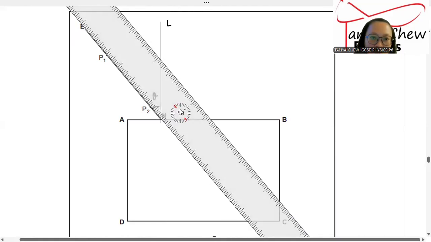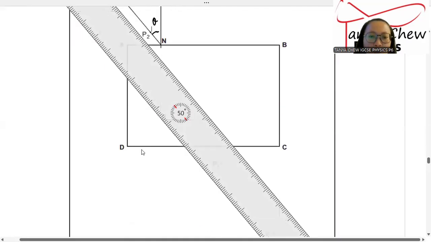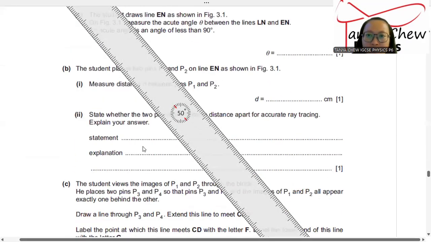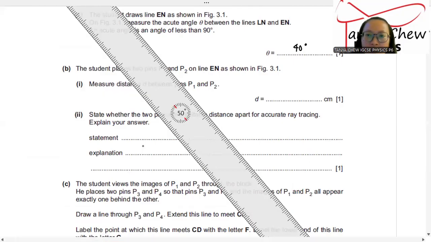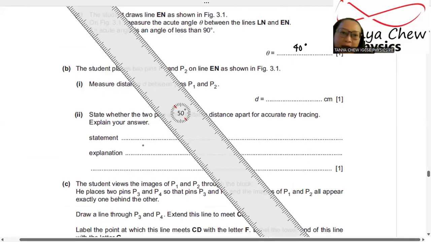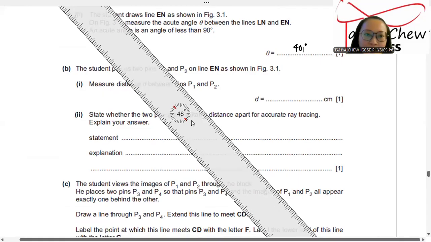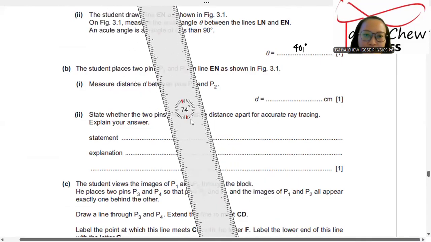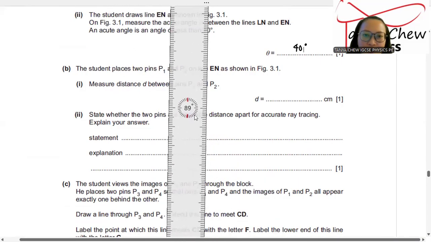You have to bring protractor into your examination hall. So this is 90, 50. 90 is LN minus EN, which is 50. That will give you 40 degrees. So the answer is 40 degrees. Right, 40 degrees.